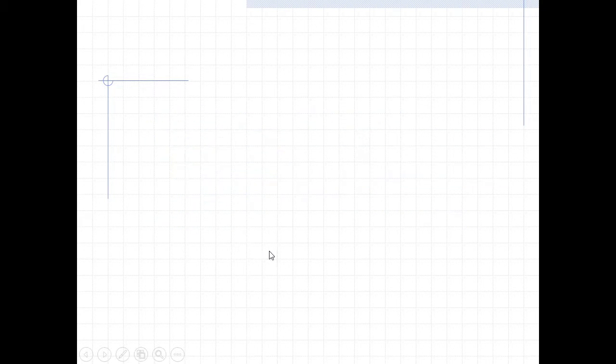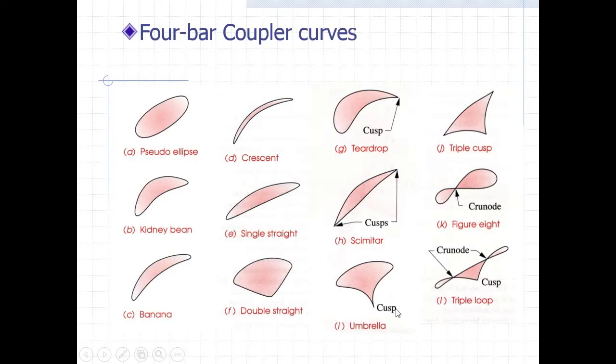If we go back to our pictures, we'll see, for example, the triple loop has 2 chronoids and 1 cusp, so it contains 3, which is the maximum of double points that we'll have. The figure 8 contains just 1 chronoid. The scimitar has 2, a cusp on either end.